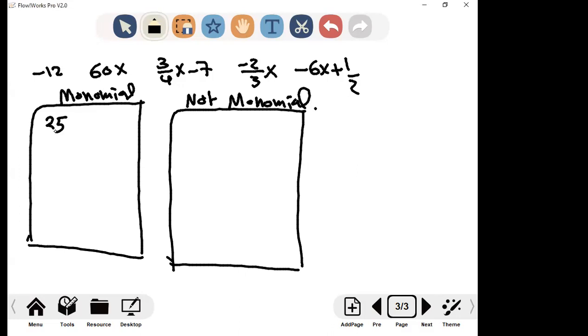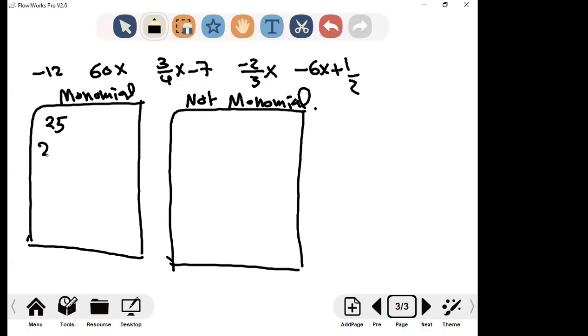Is this a monomial? Yes, a number. In the definition, a number, comma, a variable, comma, a product of a number and one variable, a product of a number or more than one variable. So 25, a number, is it a monomial? Yes. That's why the book put it here.